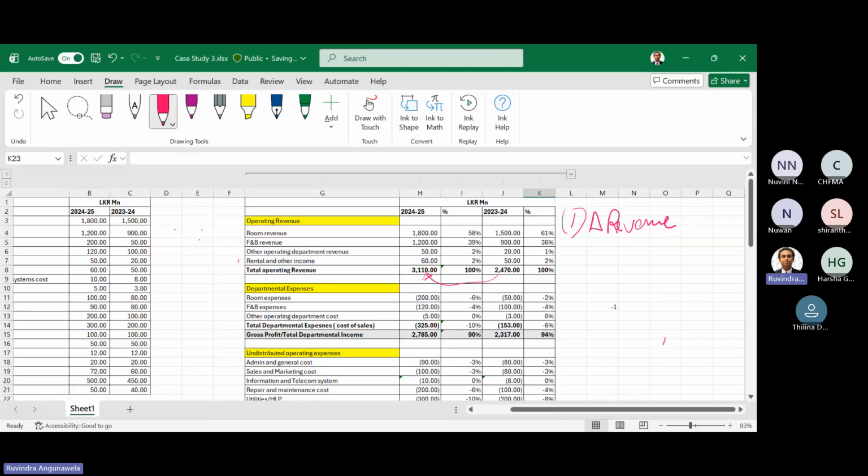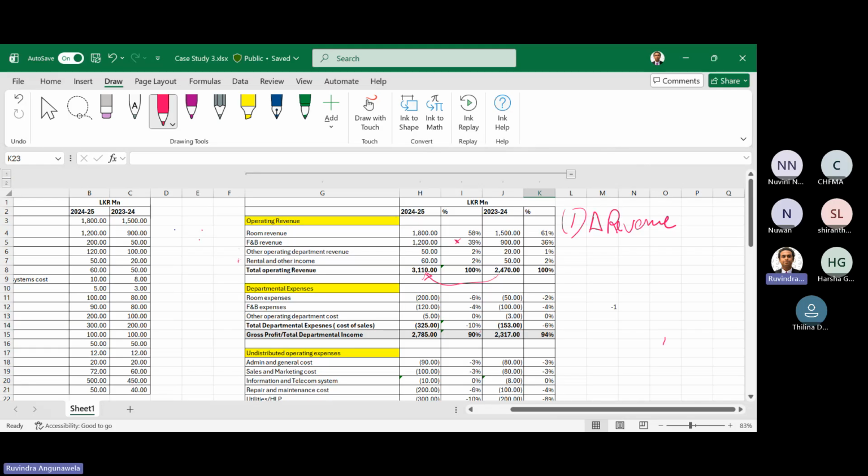Even if you want to go further, you can say that the F&B revenue contribution to the hotel property has actually become more significant. How can I say that? 39% of the total revenue has been contributed by the F&B revenue.